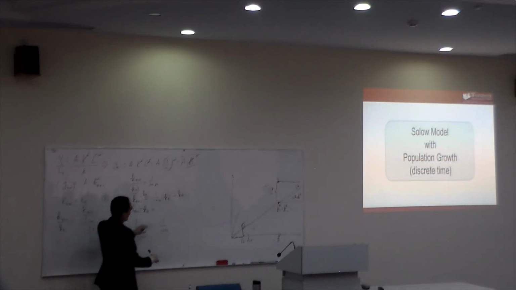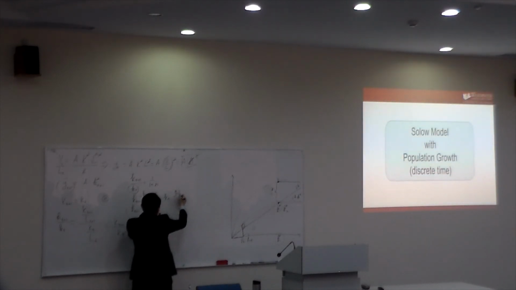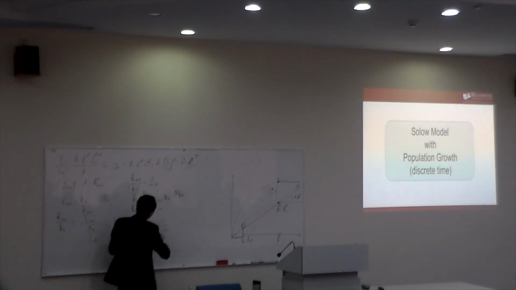Is equal to, so now if we do it, what's going to be 1 plus n or 1 plus n, it will give us minus 1 over 1 plus n. Is it true?